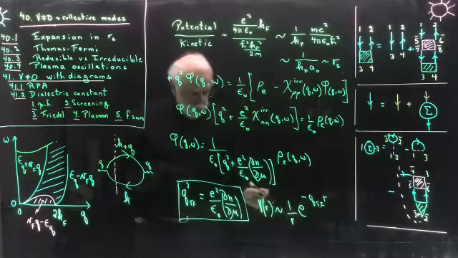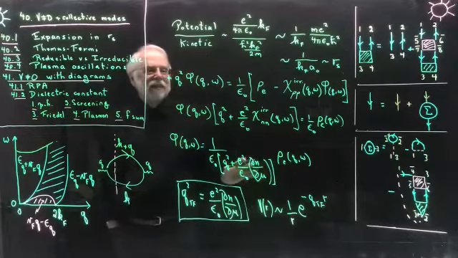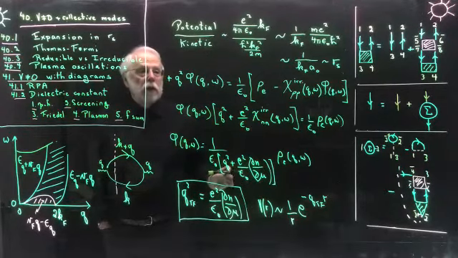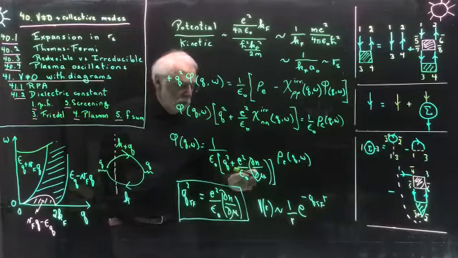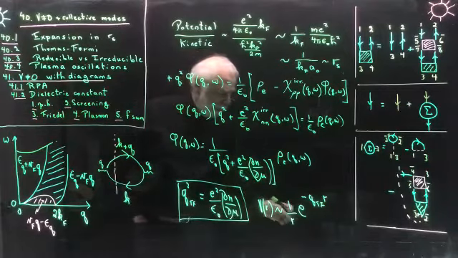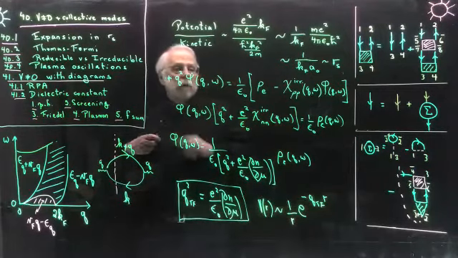So the Coulomb potential is screened now. It's not 1 over q squared, it's 1 over q squared plus q Thomas-Fermi squared. And if I take the Fourier transform to go back to real space, I find that it is damped this way.